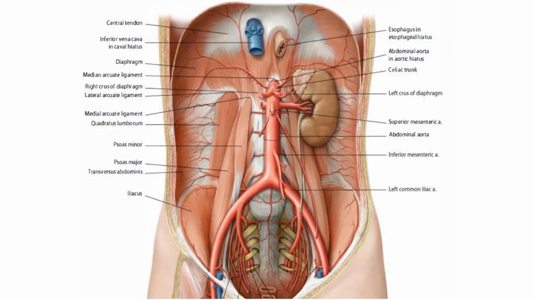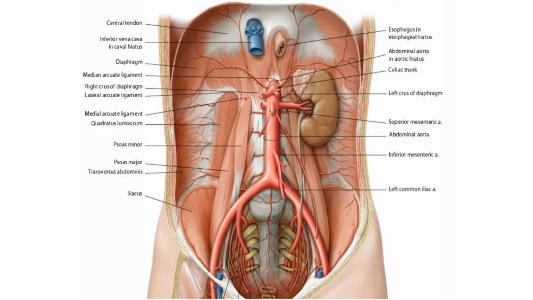Let's again understand this in this diagram. This is the median arcuate ligament. Just posterior to this is the passage of the abdominal aorta.